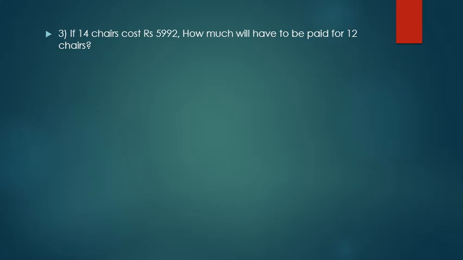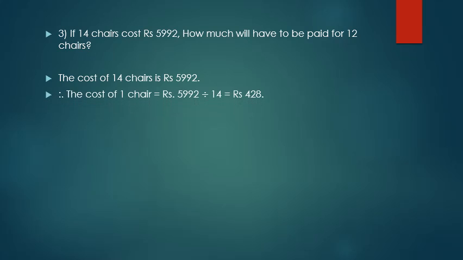Third sum. If 14 chairs cost rupees 5,992, how much will have to be paid for 12 chairs? The cost of 14 chairs is rupees 5,992. Therefore, the cost of one chair equals 5,992 divided by 14.